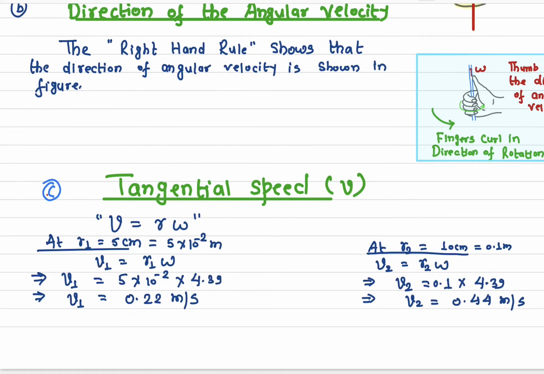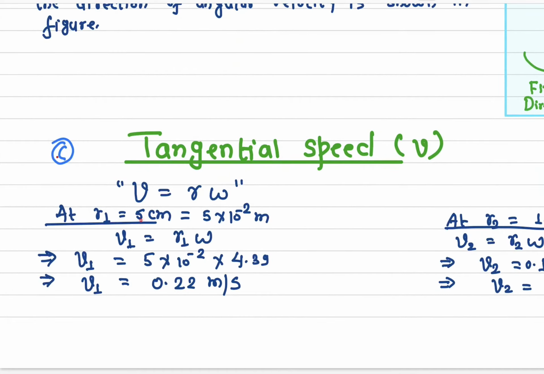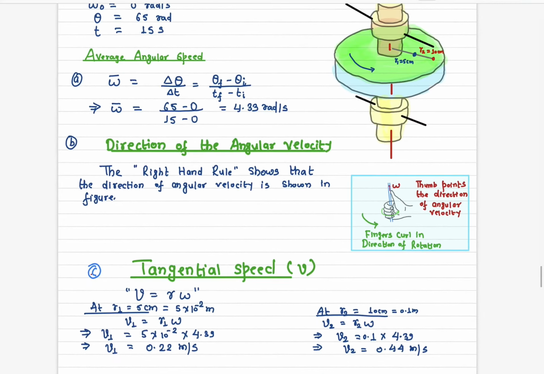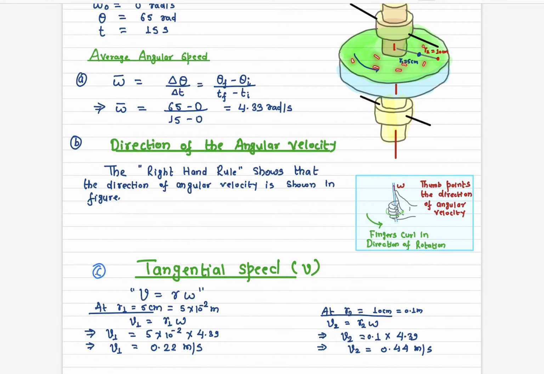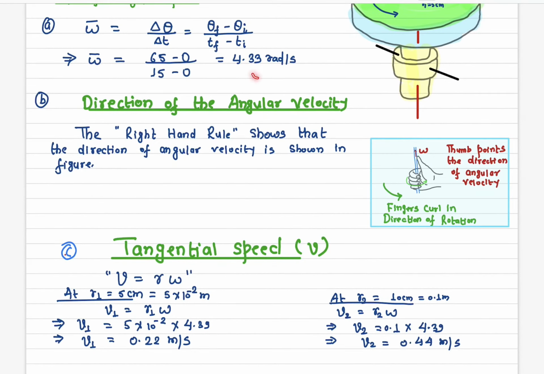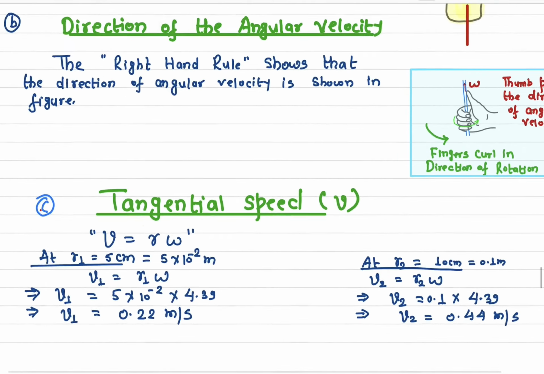The speed v1 at the different location, at 5 centimeter, I'm calling v1, will be r1 times omega. The radius is 5 centimeter and I'm changing it into meter. And omega, as I mentioned, is constant. Omega is not changing. The angular speed is the same for each point. It doesn't matter where you take it, the angular speed is exactly the same, which is 4.33.